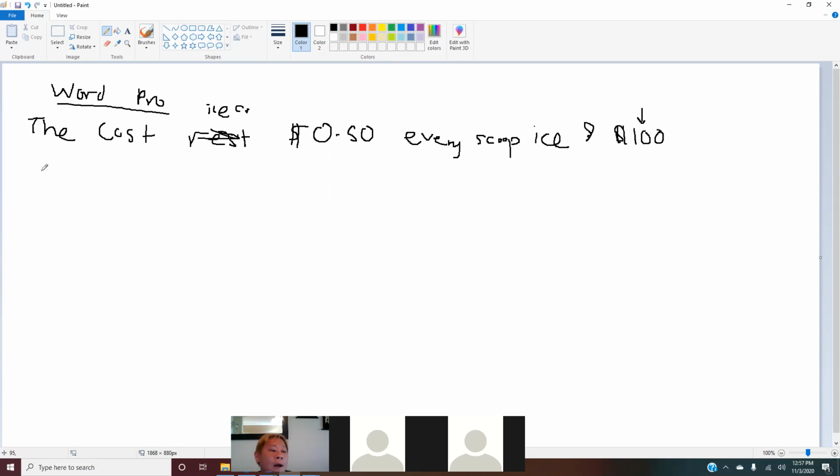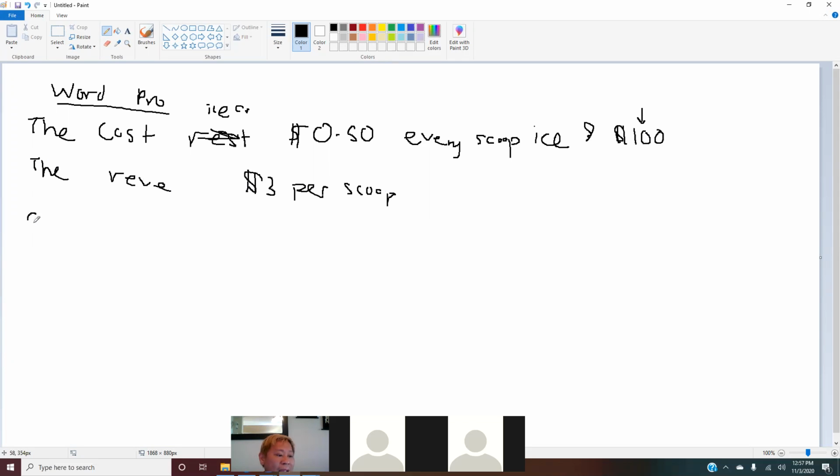Okay, so the revenue is how much you think the ice cream will sell for. Let's say $3 per scoop. So the revenue means that you sell this ice cream at $3 per scoop.